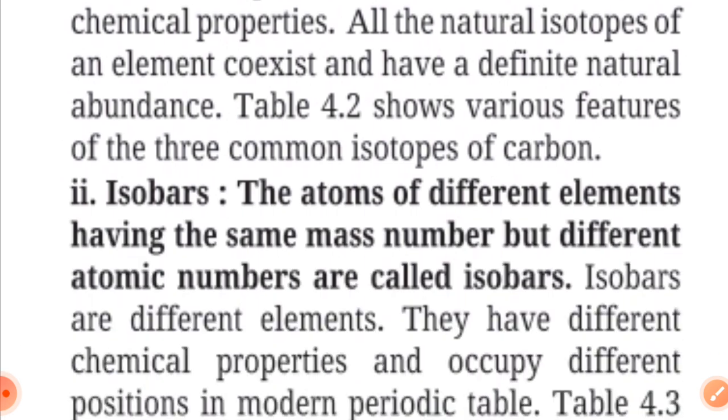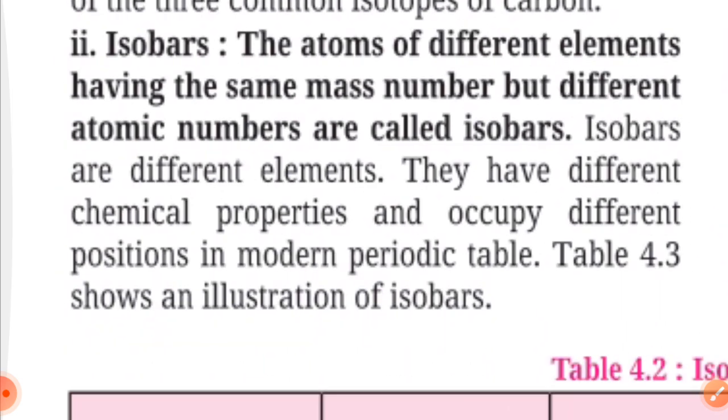All the natural isotopes of an element coexist and have a definite natural abundance. Table 4.2 shows various features of the three common isotopes of carbon.